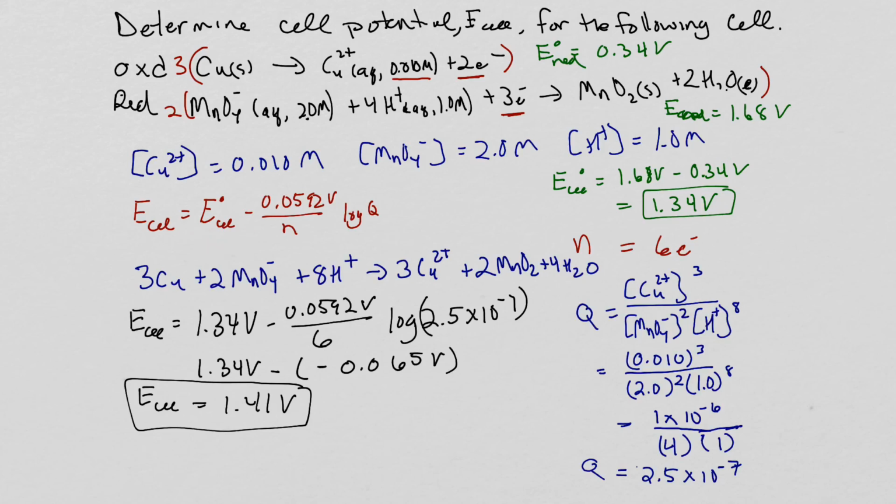All right, so that concludes our discussion on looking at the connection between spontaneity and free energy and the equilibrium constant and cell potential, and how this works under non-standard conditions using the Nernst equation. Next time we'll look at applications of this, electrochemistry, and talk about things like batteries, electrolysis, and corrosion.